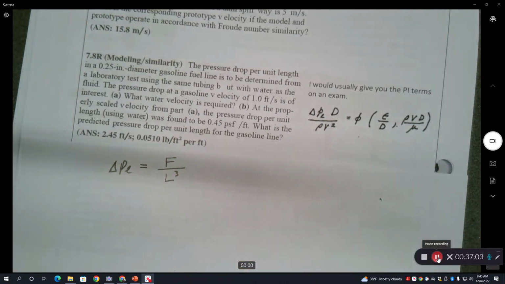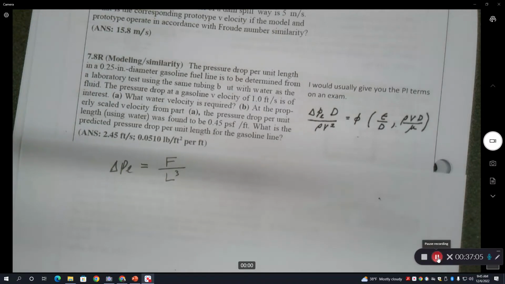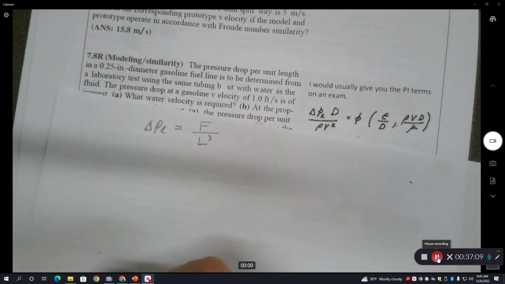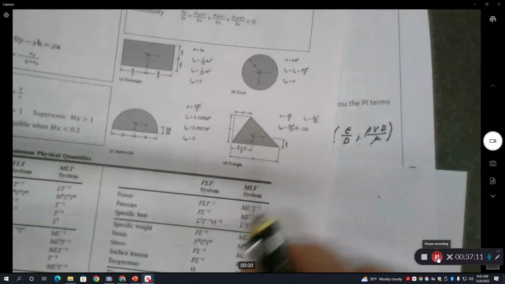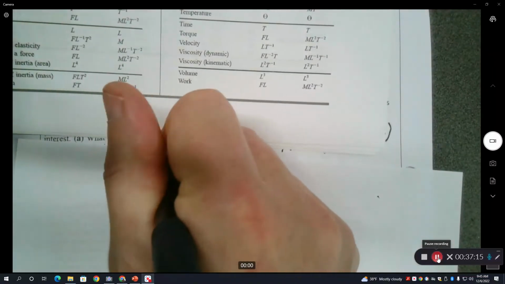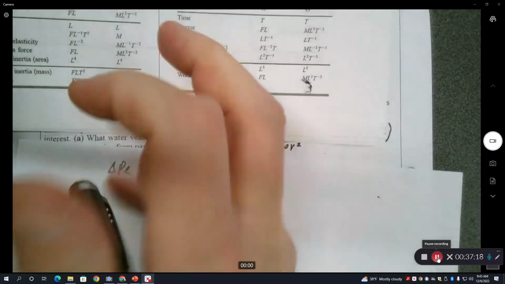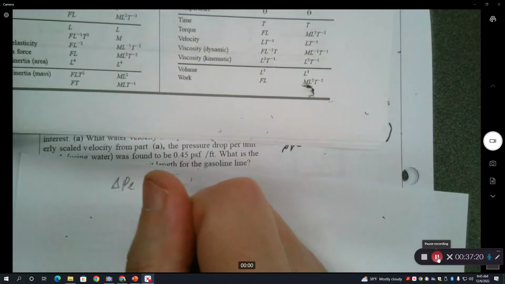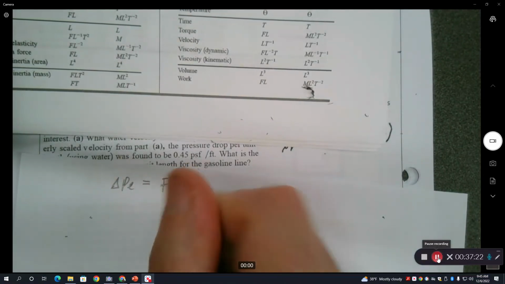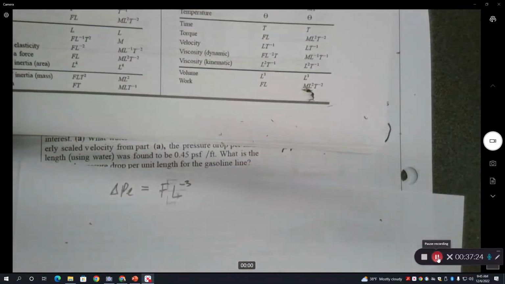I think so. So we know that pressure is, let me write it out the way that we normally do. We usually do them next to each other, not underneath. We go F, L, and I think we go -3 onto that.